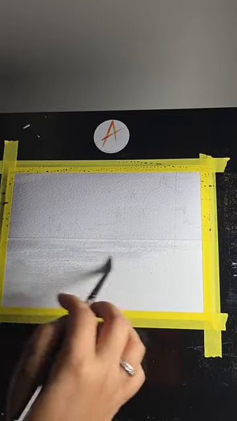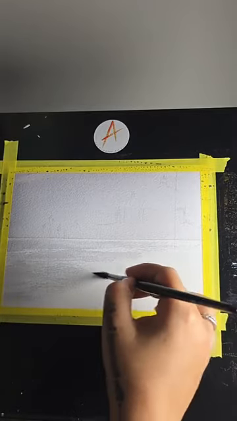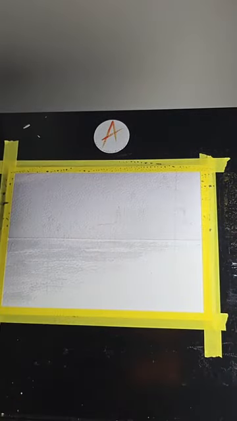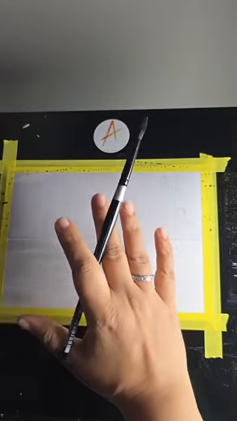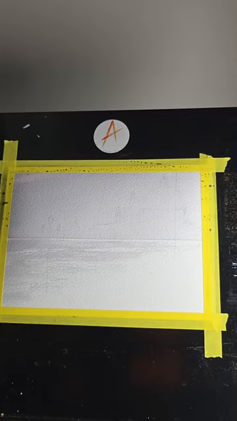Again, I'm using the body of the brush for a better effect. And by this time it has dried as much as I want, not completely dry, because I don't want this to dry completely.